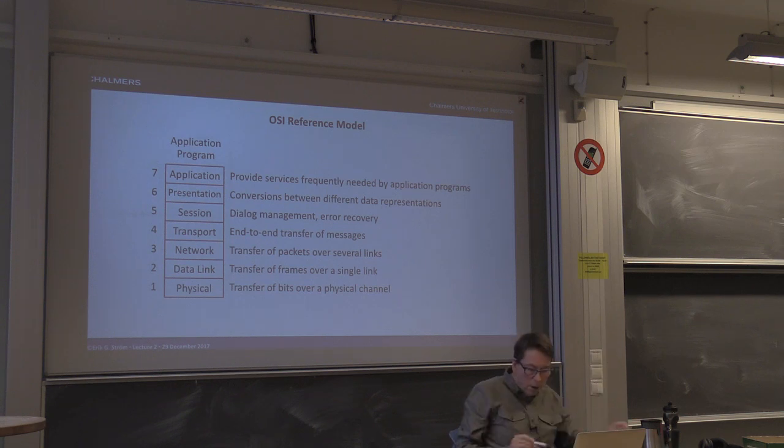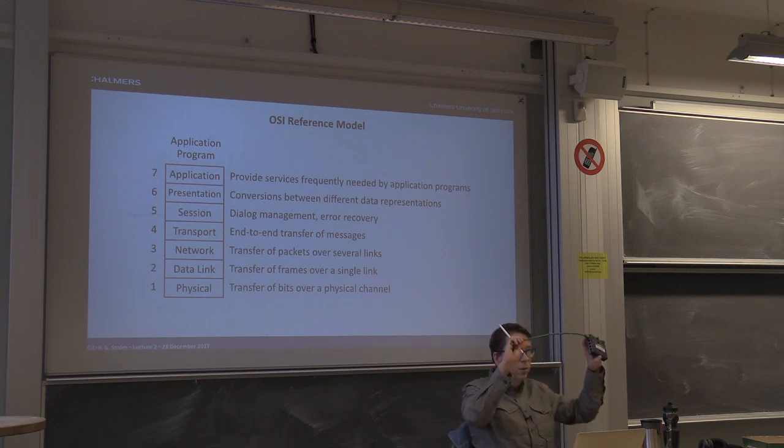The data link layer provides a service of transfer of what's known as frames, which is a number of bits that are somehow logically tied to each other. So it's a bunch of bits. You can think of this as data packets, but data packets on the data link layer are also called frames. And it provides the transfer of frames over a single link.